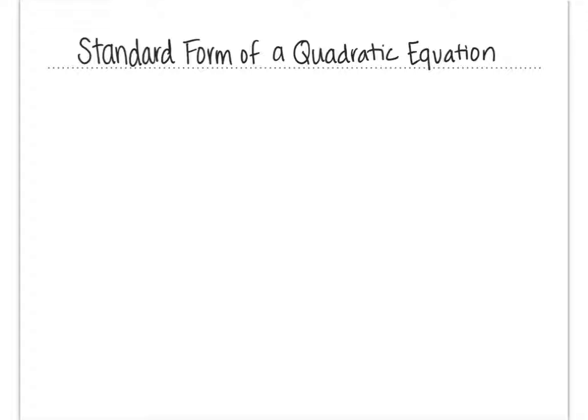In standard form, you will have the quadratic term ax squared, where you have a coefficient a in front of x squared, plus the linear term bx, where you have a coefficient b in front of the x, and then a constant c, and all of this must be equal to 0.